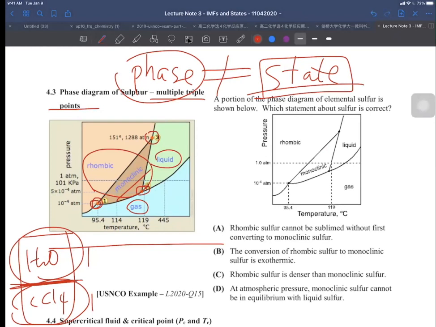Okay, guys, let's take maybe 1 or 2 minutes to finish the last practice problem, which is from the local 2020.